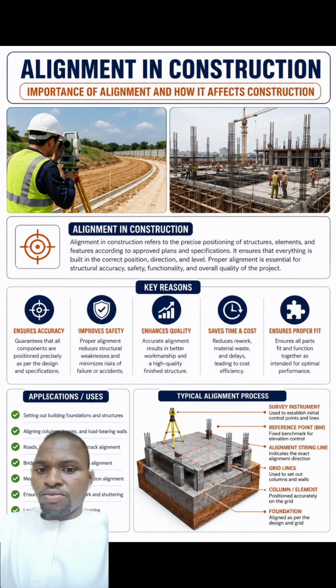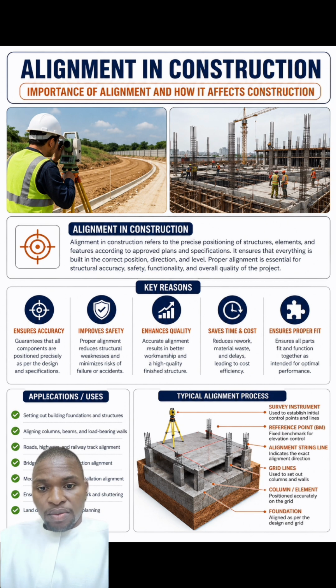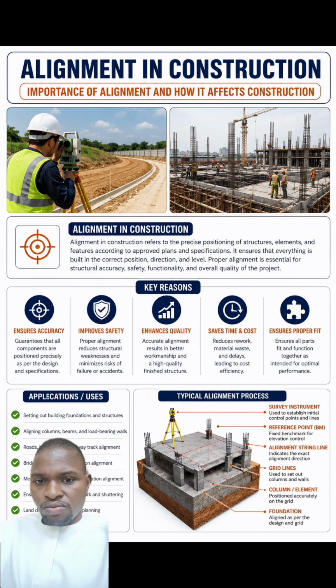So alignment helps you to actually get precise features according to the approved plan and specification. So it ensures that everything is built in the correct position. So with the correct alignment, it actually helps you to build in the correct position, direction and level.